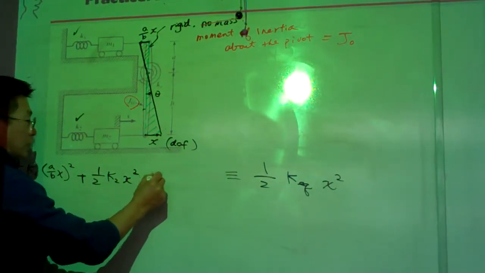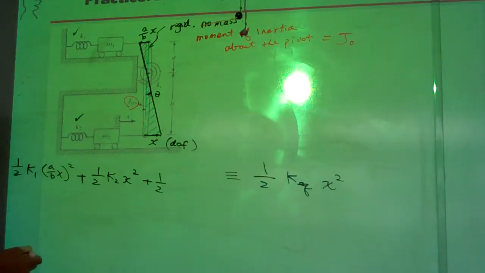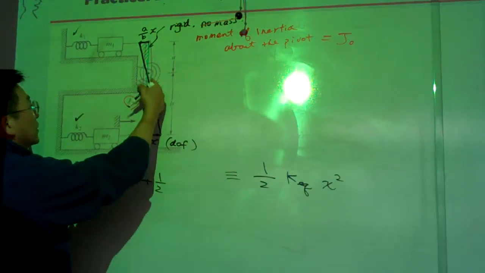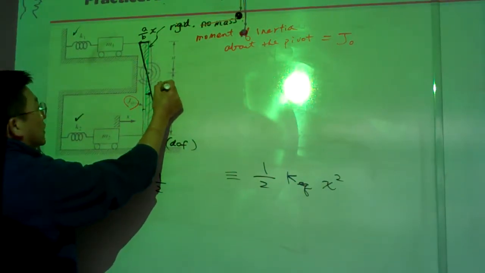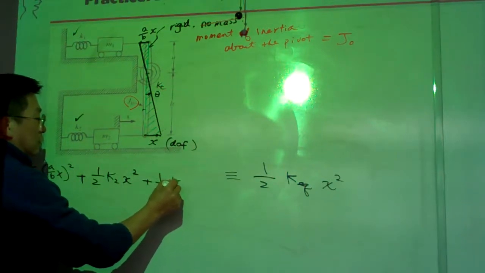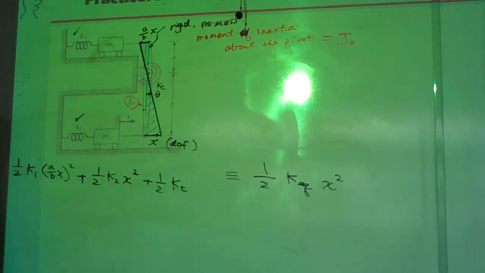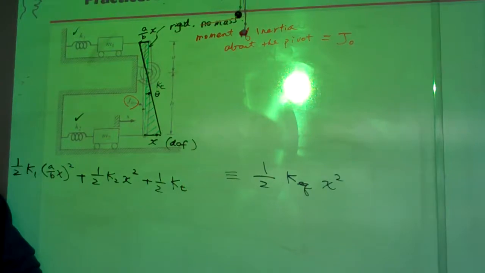And the third one is the spiral spring. Here it is called KT, so it's not very clear, let me call it KT. For the spiral spring, the spring constant is multiplied with theta squared.